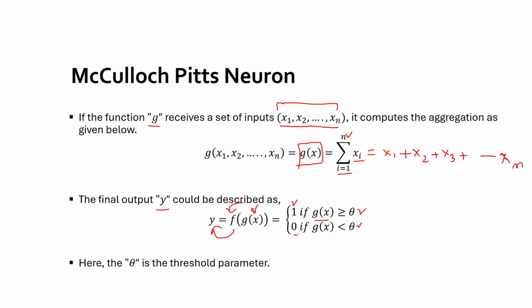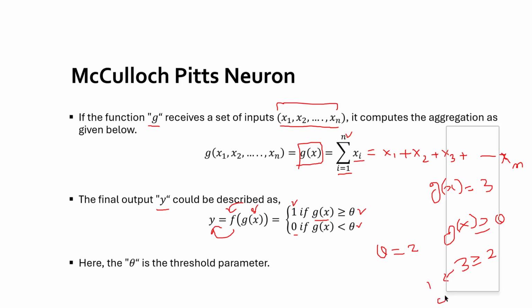For example, let's say you set the threshold as 2, and g(x) returns 3. You check whether g(x) is greater than or equal to theta. Yes, because 3 is greater than or equal to 2, so you get a final output of 1; otherwise you get 0.